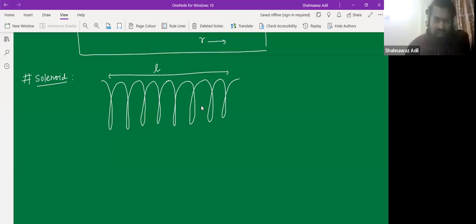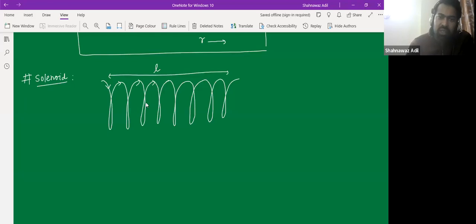We calculate that using Ampere's law. Let's say the current is going inside.